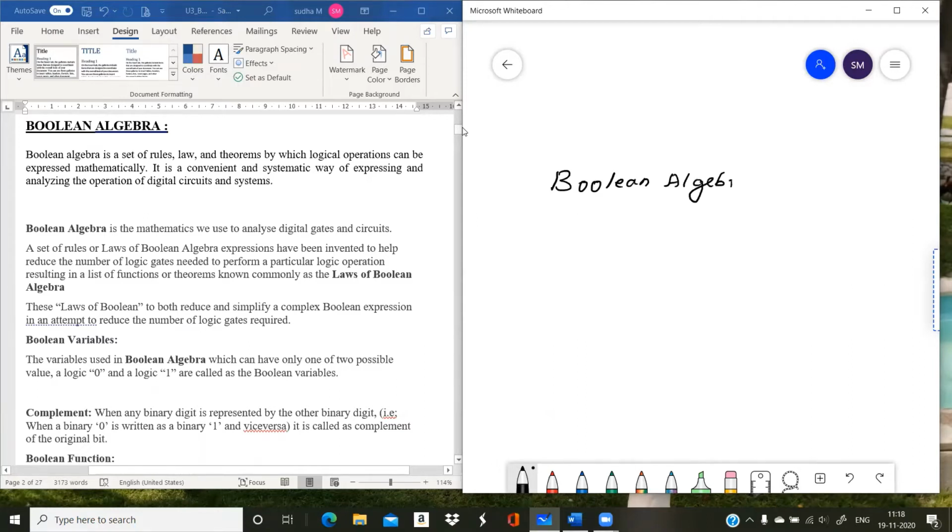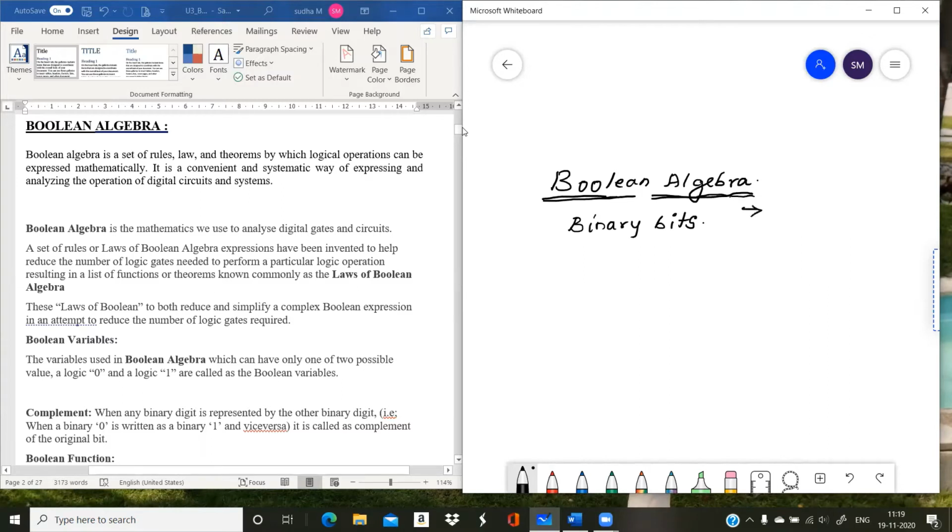Okay. So Boolean algebra is nothing but a mathematical representation of binary bits. A scientist by the name Boole invented this mathematical set of rules, which is termed Boolean algebra.